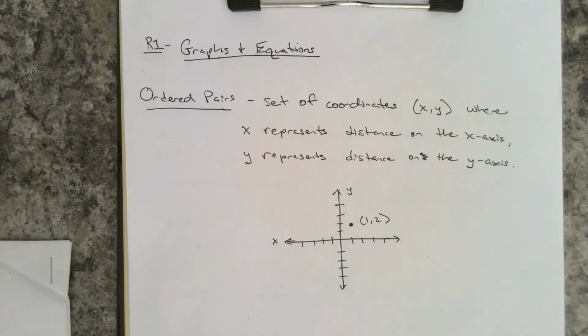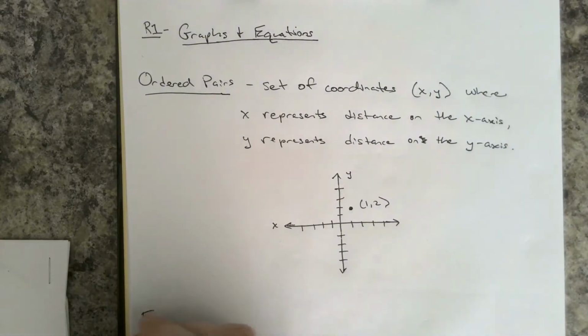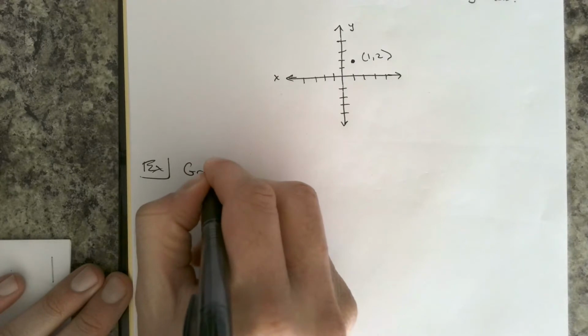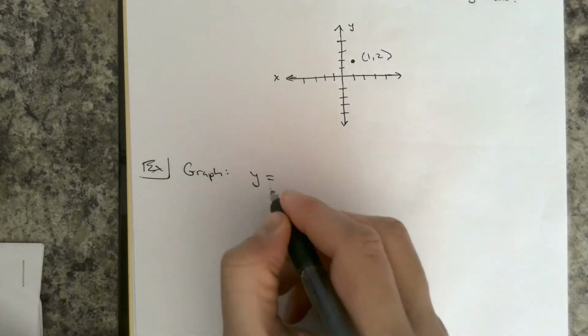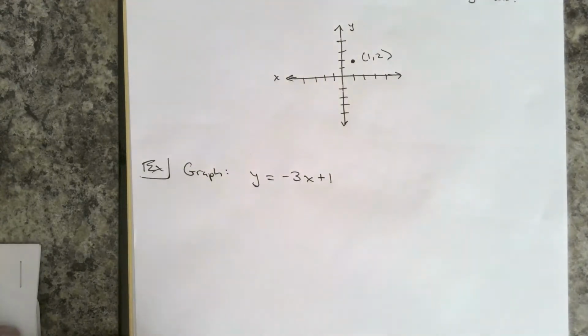And continuing onward here, we have just a couple examples of graphing. So if I said to graph y equals negative 3x plus 1. This has that y equals mx plus b type form.